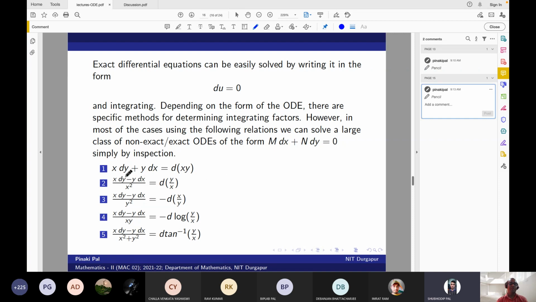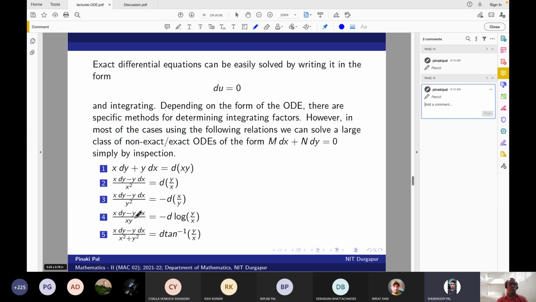For example, x dy plus y dx is equal to d of xy. Then number 2, x dy minus y dx by x square is equal to d of y by x. And instead of x square, if we have y square in the denominator, then this is equal to minus d of x by y.